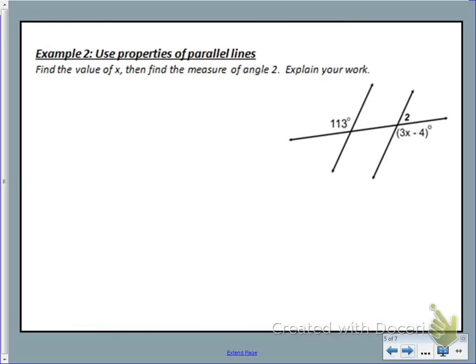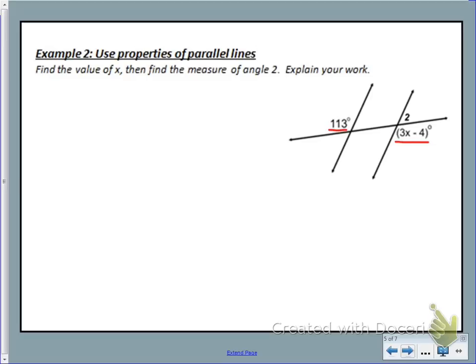So that would have been a good way to describe that as well. Example 2 says use properties of parallel lines. Find the value of x, then find the measure of angle 2. Explain your work. Okay, so if we want to find x, what we need to first consider is what different relationships we have going on here. If I first focus on this 113-degree angle, I want to think about how it relates to 3x minus 4.